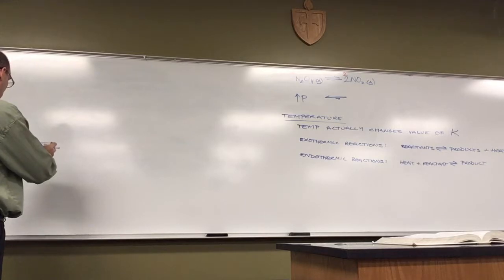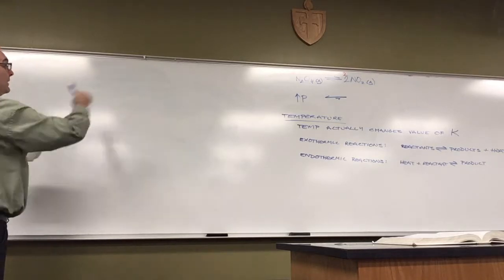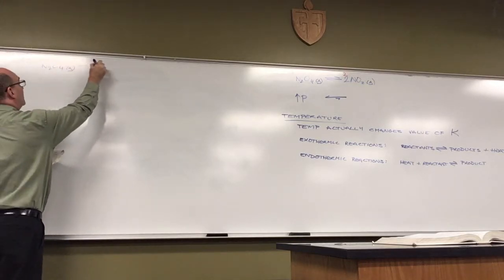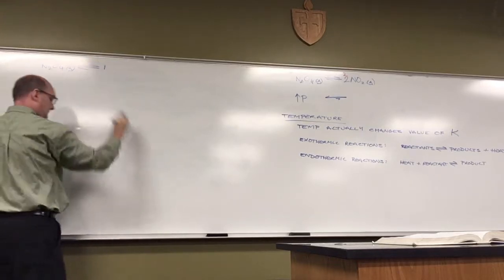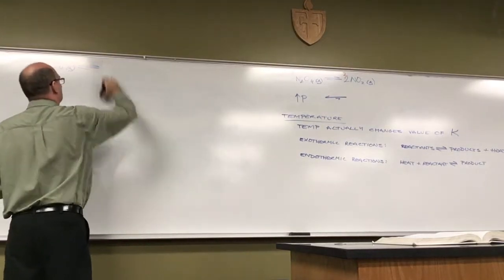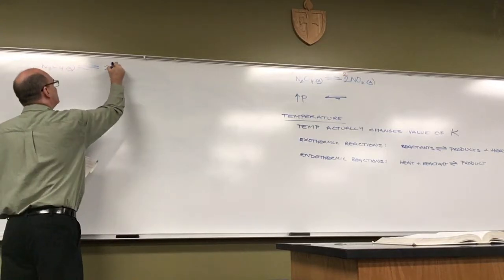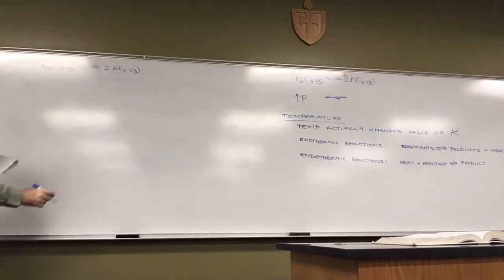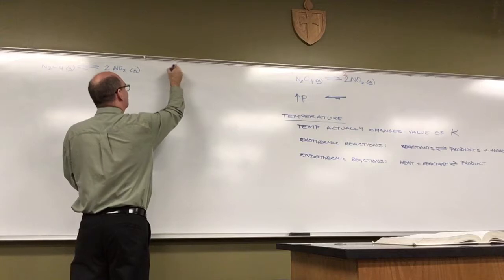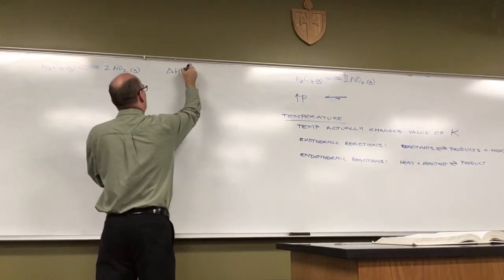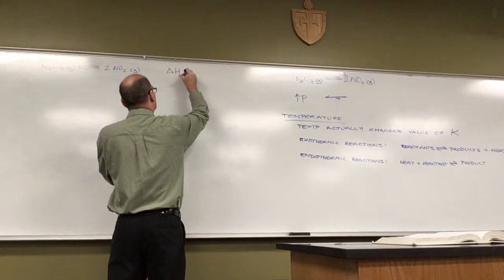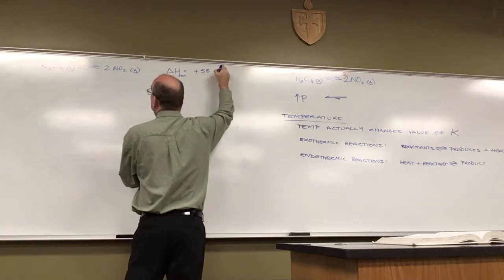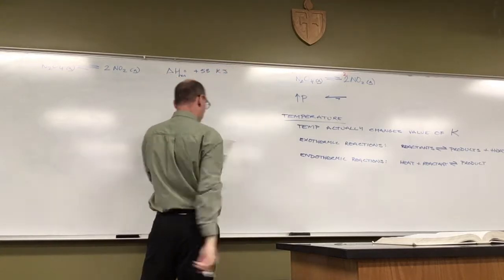Forward reaction, endothermic. So that reaction right there: N2O4 makes 2 NO2. The delta H for that reaction is plus 58 kilojoules.